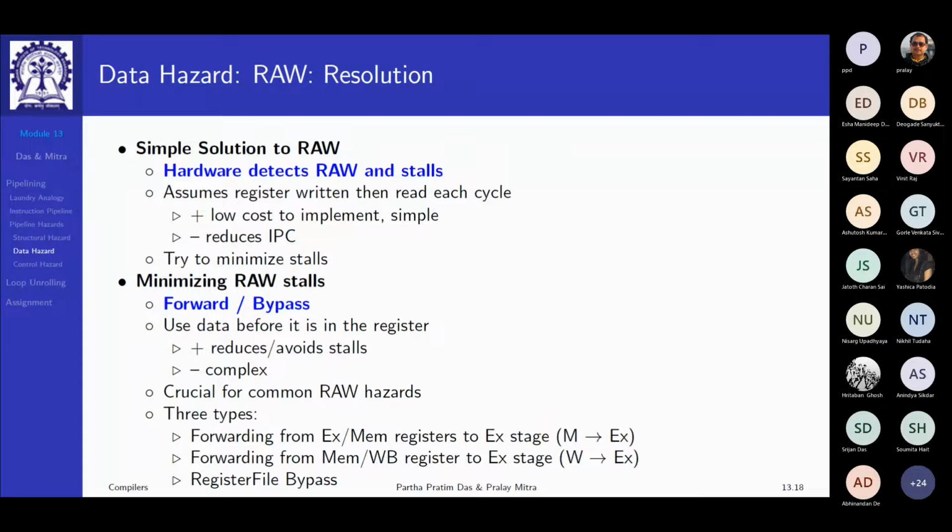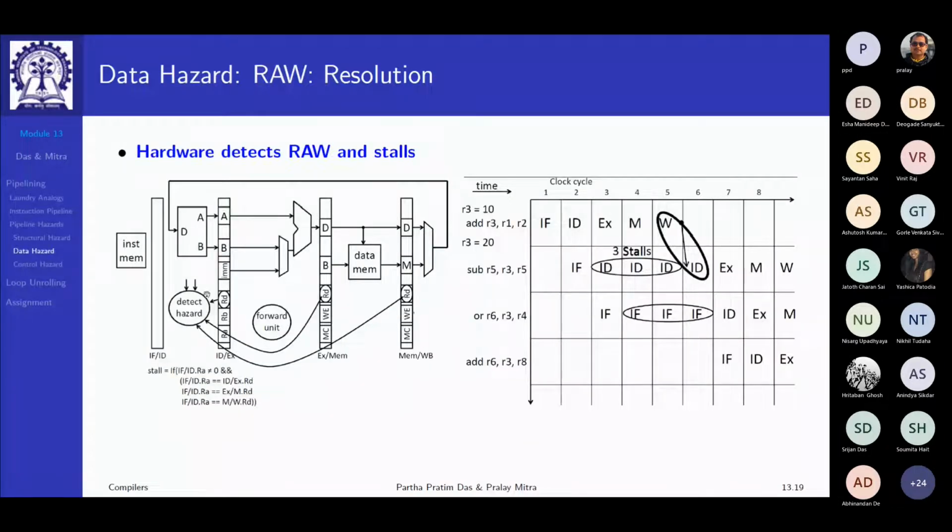The simple solution is that the hardware detects the data hazard and stalls till the data is available. There could be ways to minimize that by adding specific forwarding logic in the hardware as well. So in the instruction decode stage, there is hardware to detect the hazard based on the values at other registers at this point.